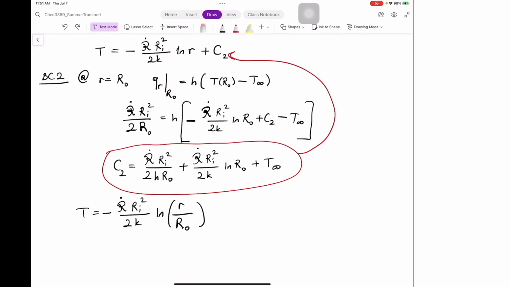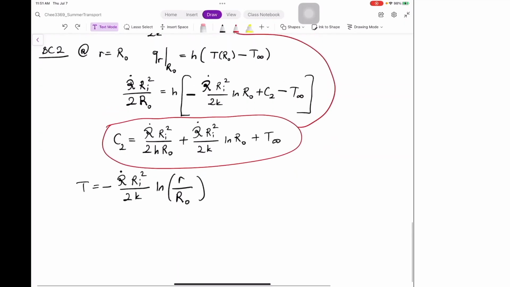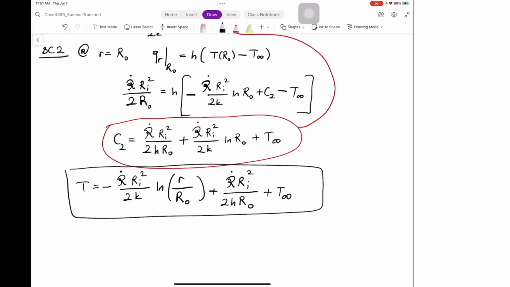Okay. And then I have q-dot R_i squared over 2h R_o plus T infinity. So that's my equation for the temperature.